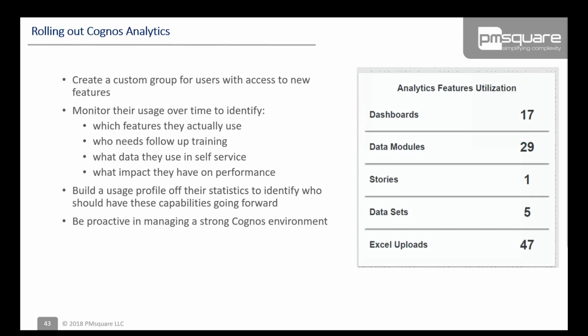So this just provides a little additional information about, as you roll out Cognos Analytics, how you can utilize the features of Thrive to make that a smoother process. And as you do it, you can actually assign those users to a group, and then you can track and see how their usage patterns change as you roll out these new features. Because obviously Cognos Analytics is not just a point release with the same functions.